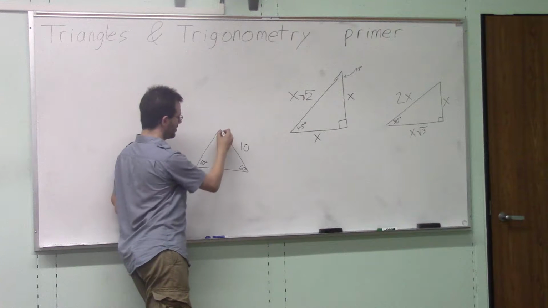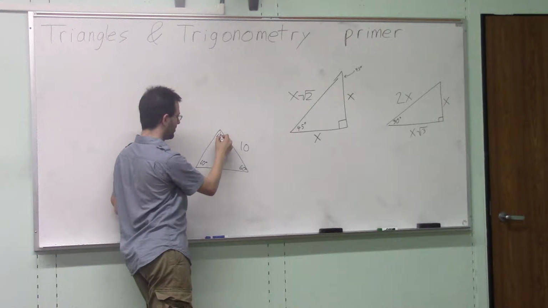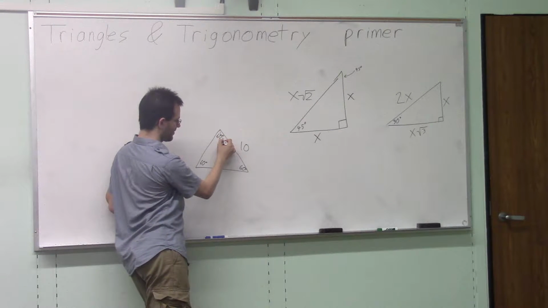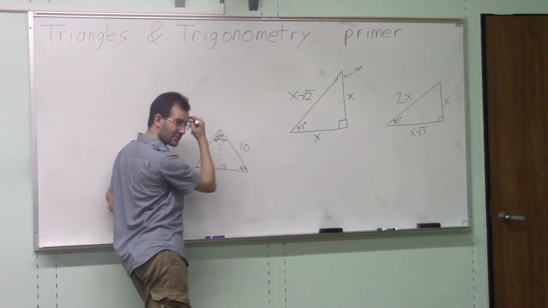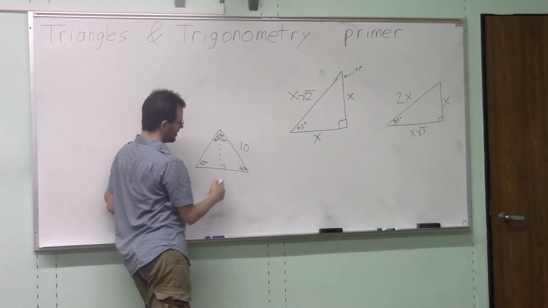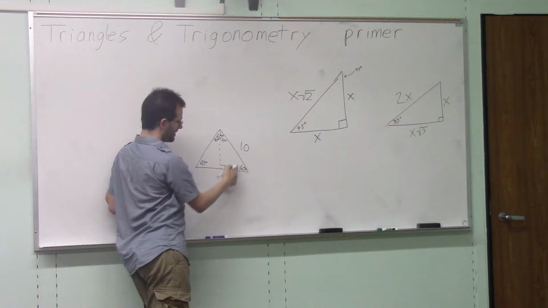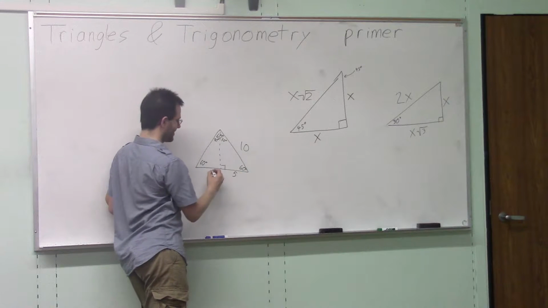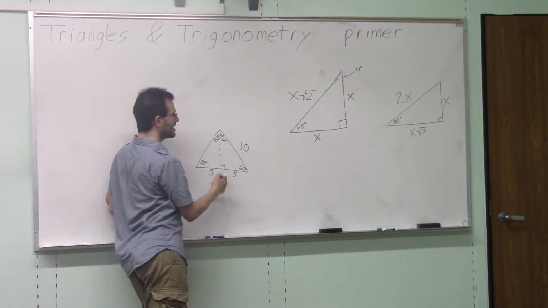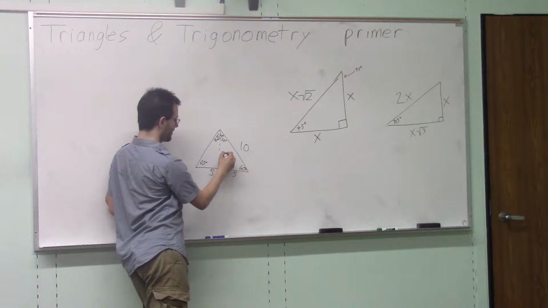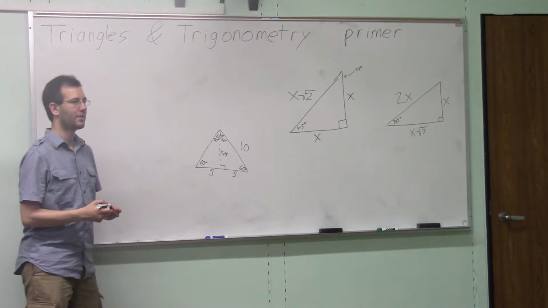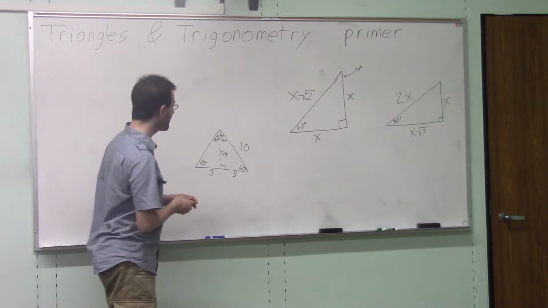And you wanted to know, how tall is this triangle? Well, if you look at this, that splits this into a 30-degree angle and a 30-degree angle. This is a 90-degree angle because it's straight up. And then, this is the hypotenuse. This is the shortest side opposite the 30-degree angle, so that makes this 5. This is also 5. But then that makes this 5 times root 3, which is about 8.5 or so.